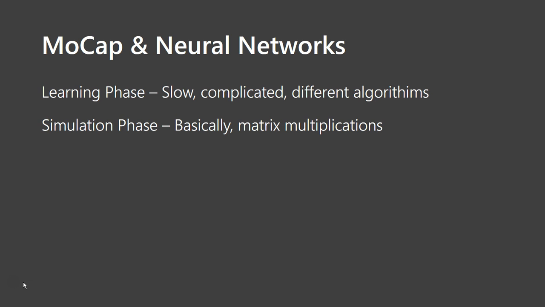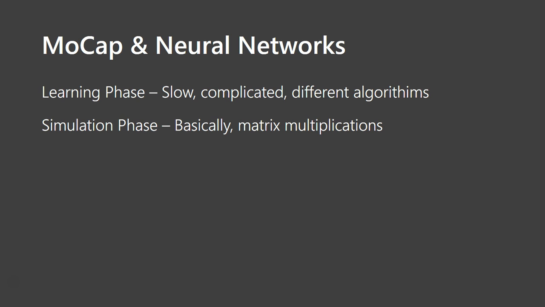Like other machine learning approaches, neural networks have both a learning phase and a simulation phase. The learning phase is something you're going to do only once. You collect your data, and in the learning phase, your computer or a cloud of computers is going to process all that data and try to find patterns in it, or find how we can better fit unlabeled data to labeled data and so on.